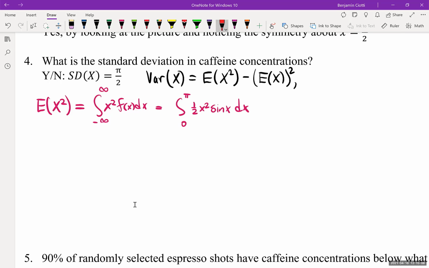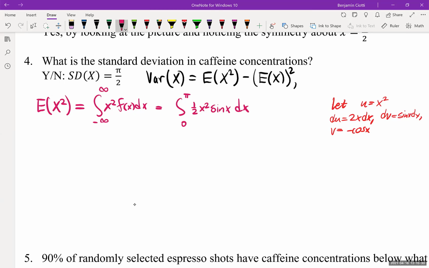And again, I'm going to have to do an integration by parts. So let's let u equal x squared. So du is 2x dx, dv is sine x dx, and v will be negative cos x.